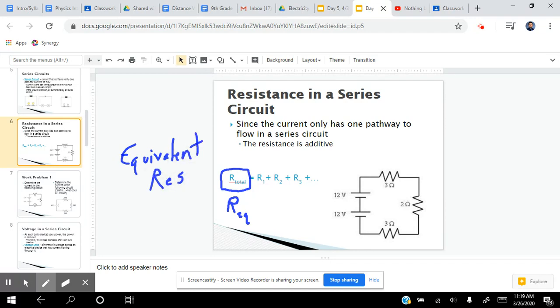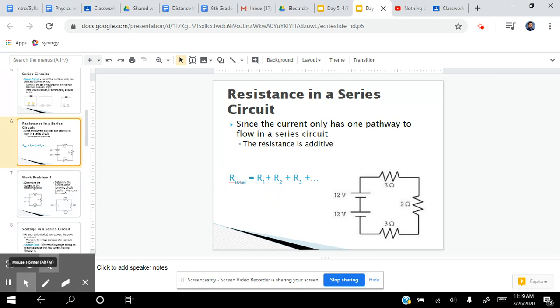That's all that EQ means, is equivalent. So equivalent resistance, you're just taking all the resistors and adding them together. So here you'd have 3 plus 2 plus 3. You would get an equivalent resistance of 8 ohms. And that's all you would have to do for that one.